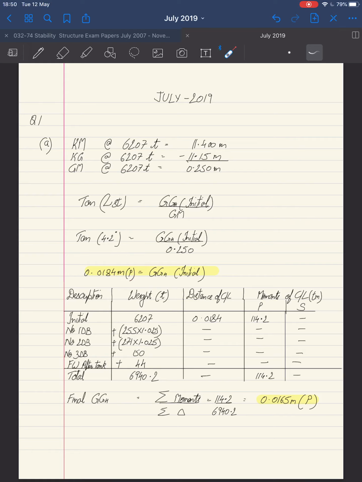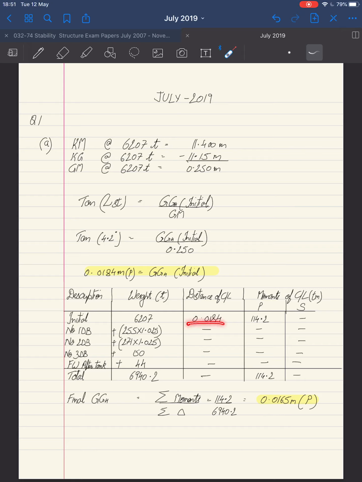We'll now make the GG1 table, which has the following columns: description, weight in tons, distance from centerline, moments from centerline in port, moments from centerline in starboard. So we'll make our first entry, which is the initial. The weight of the vessel was 6207 tons.